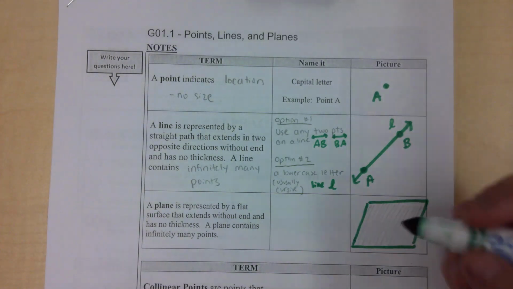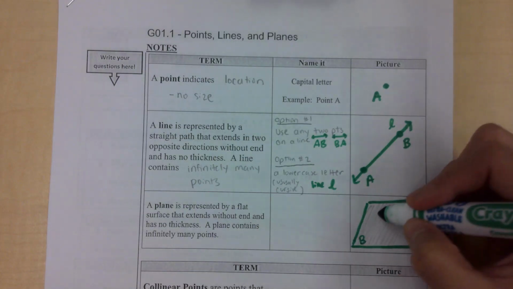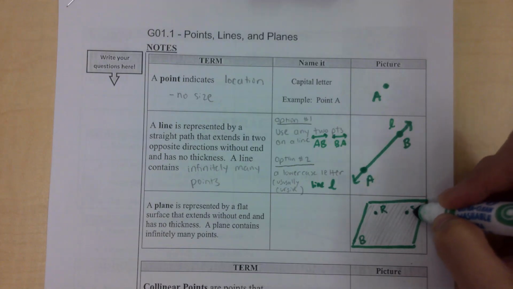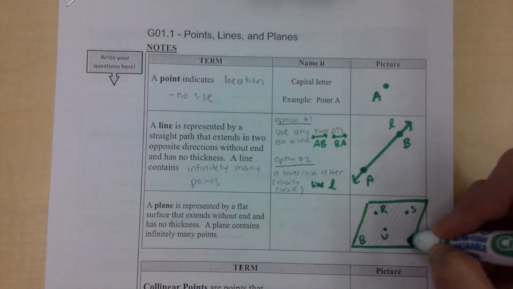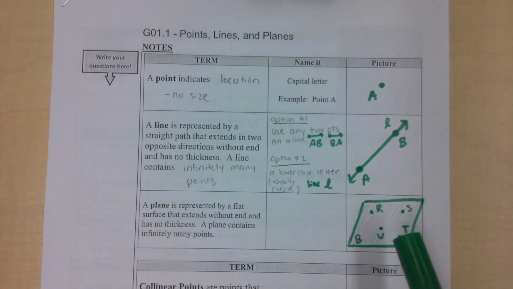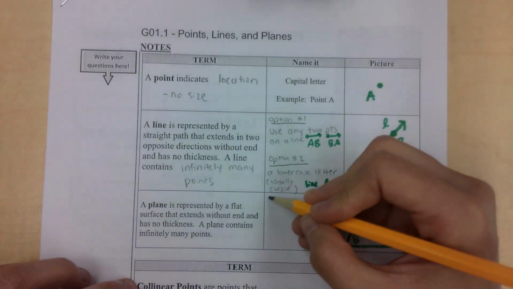So if I have this plane, we're going to call this plane B, and it has a few points. It has R, S, U, and T, right? So this plane has 4 points that were labeled on it, but it has infinite points on it. And again, we have 2 options for naming.